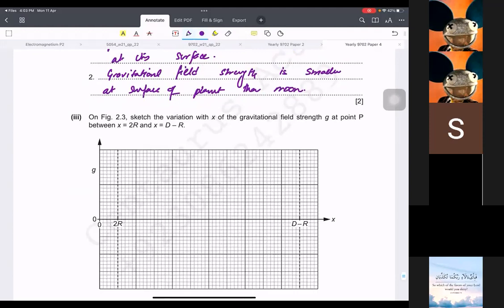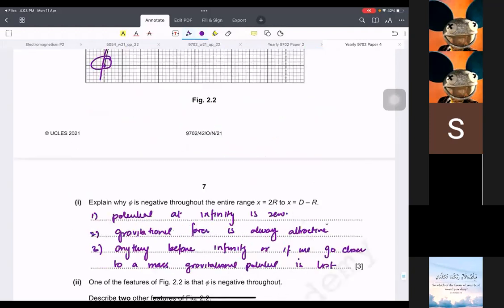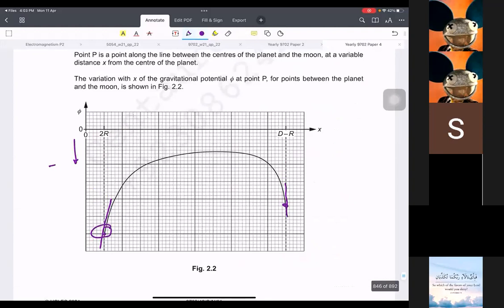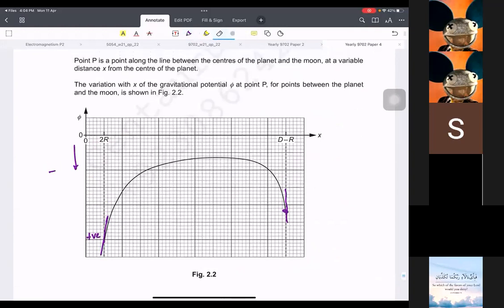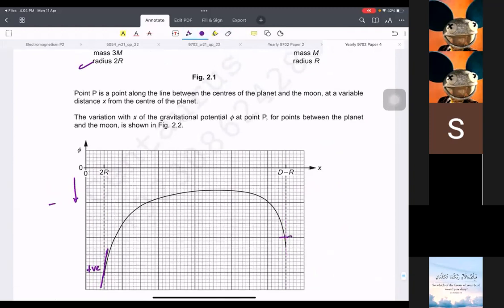Now we have to be a bit careful. The gravitational field strength at the surface, if you look at it, is less steep. The gradient is positive and less steep. Here, the gradient is negative, but it is steeper.